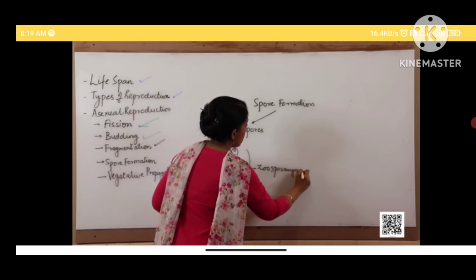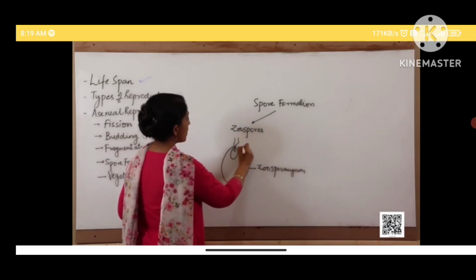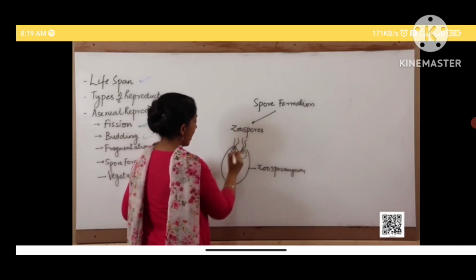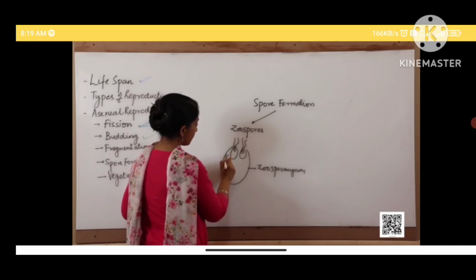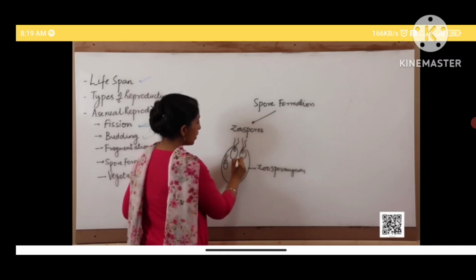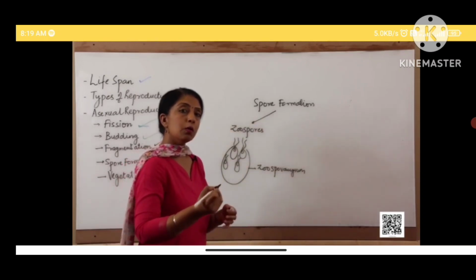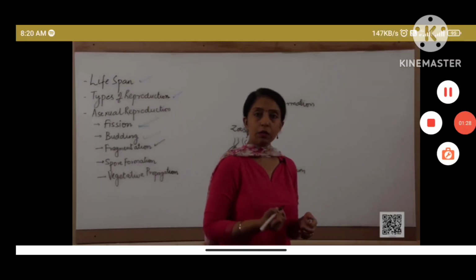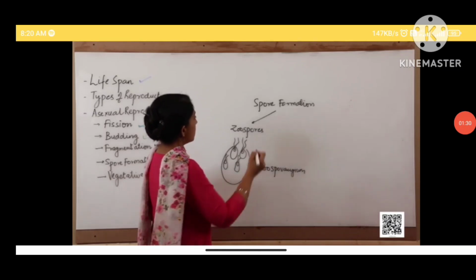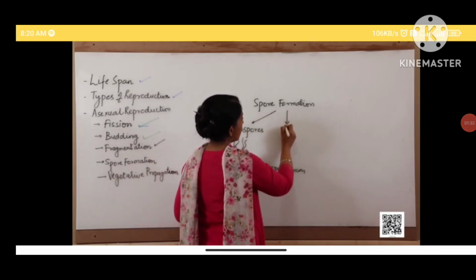These zoospores are single-celled and they are motile. They swim with the help of their flagella and they move in the water and they give rise to a new individual.